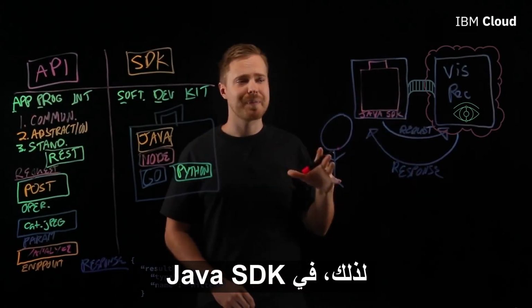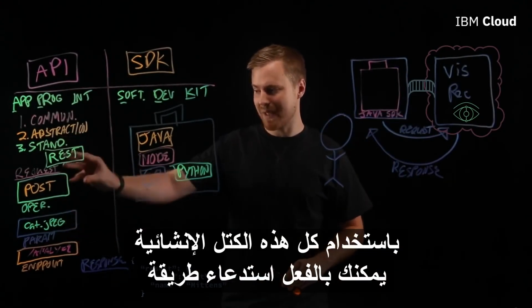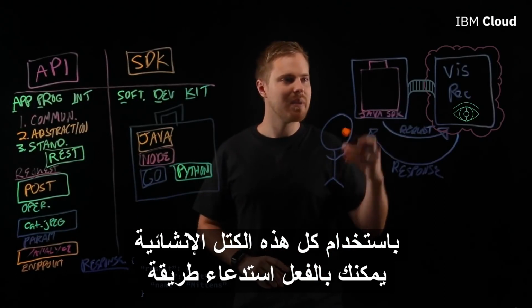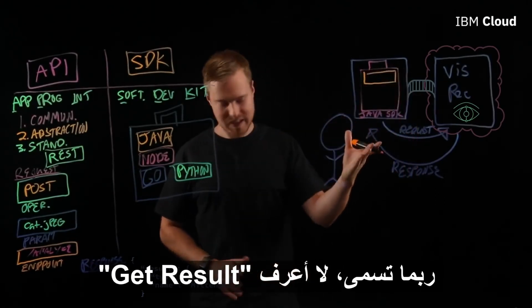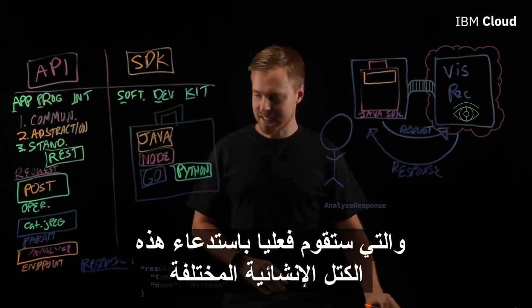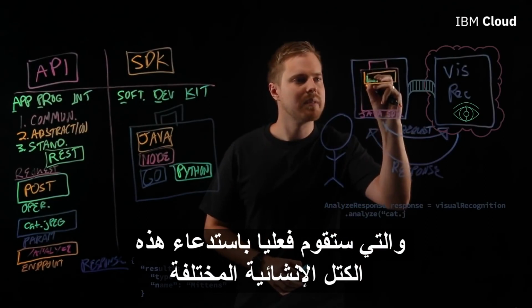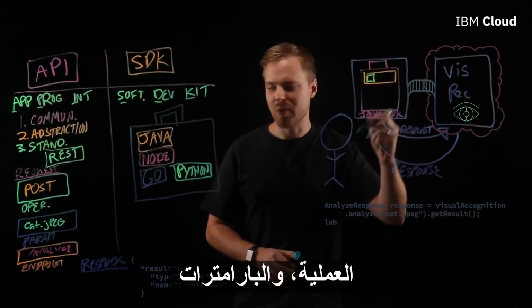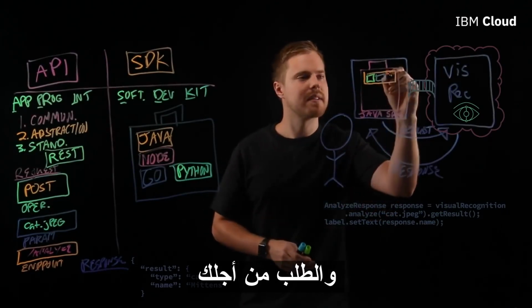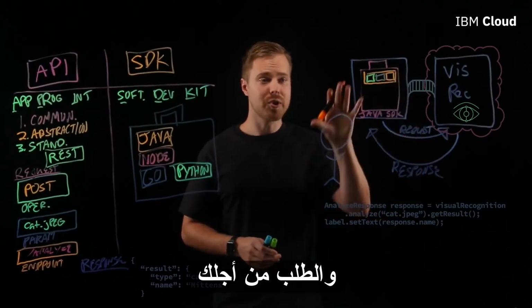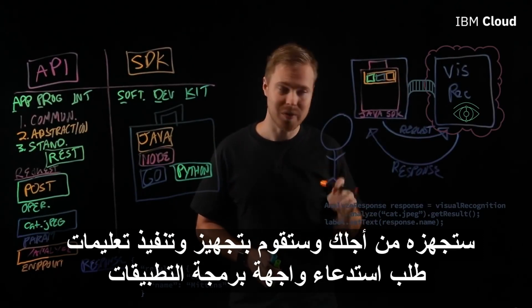In this Java SDK, rather than having to configure your request manually with all these building blocks, you might call just a method called getResult, that will call these various building blocks, the operation, the parameters, and the request for you. It'll make that API request for you with code.